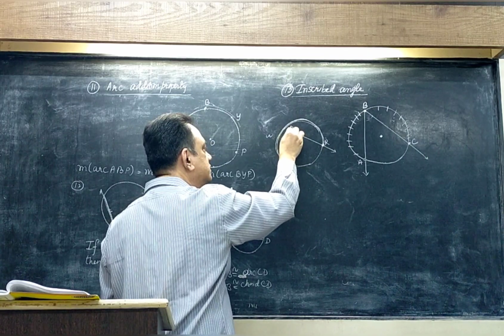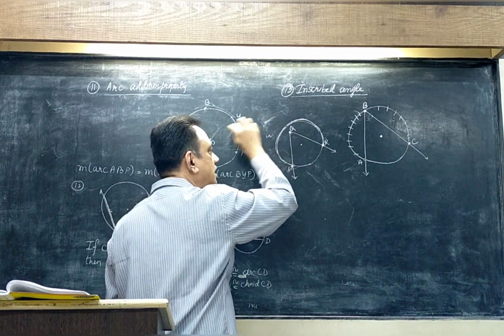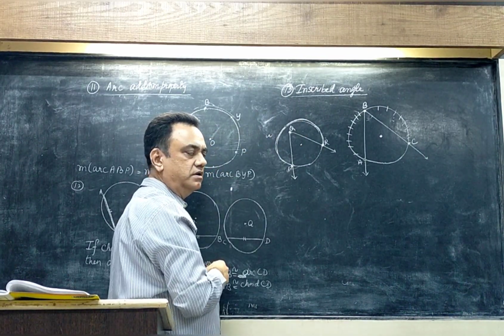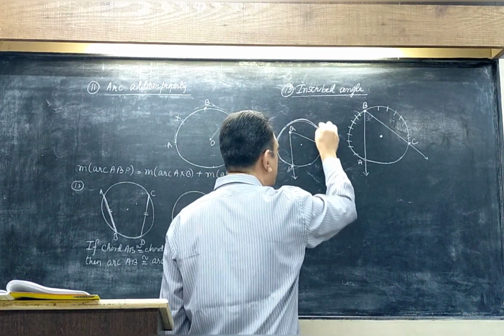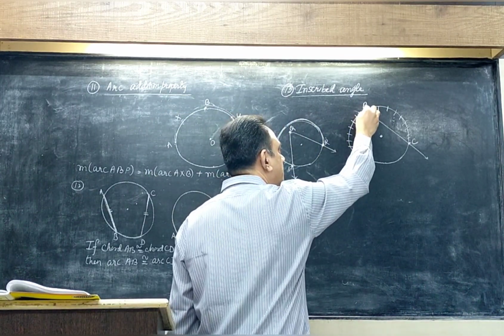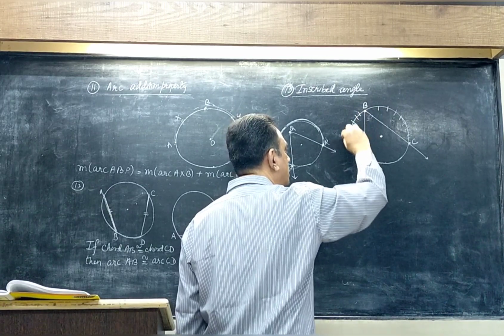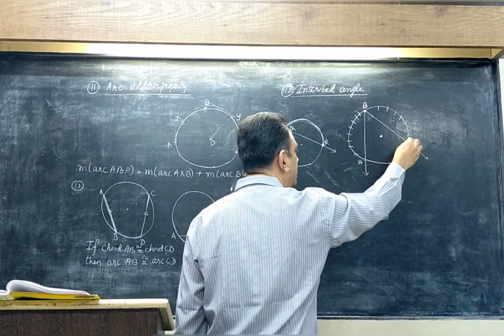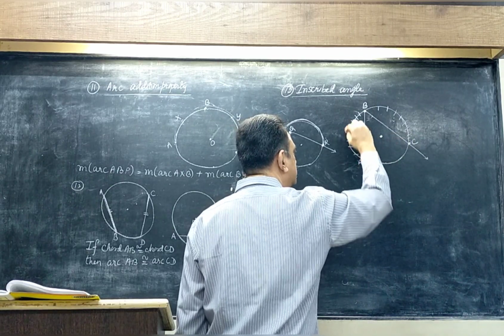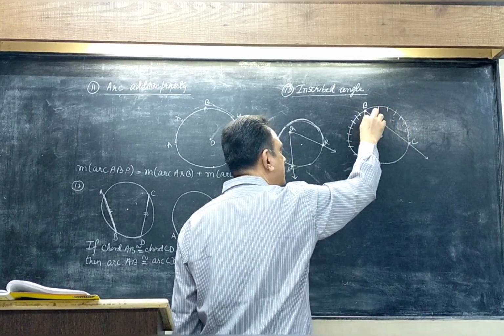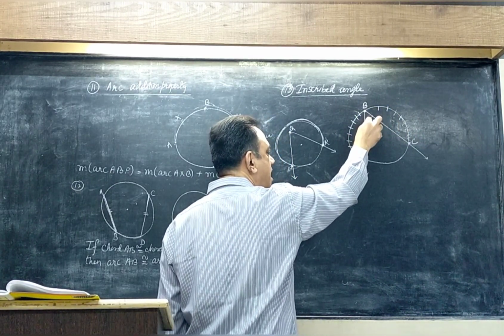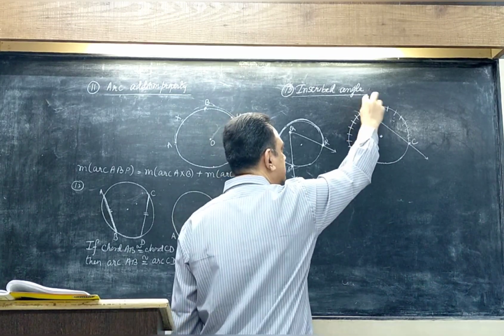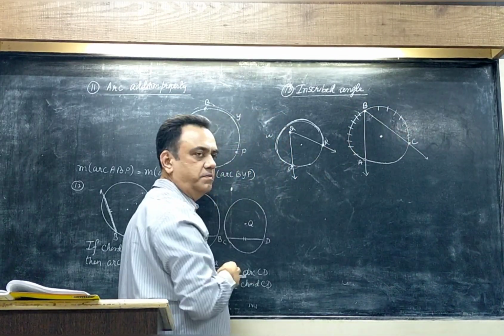Because the vertex of the angle does not lie on the arc. So both criteria should be fulfilled. The vertex of the angle should lie on the arc, and the endpoints of the arc should lie on the sides of the angle. Then we can say that angle ABC is inscribed in arc ABC.